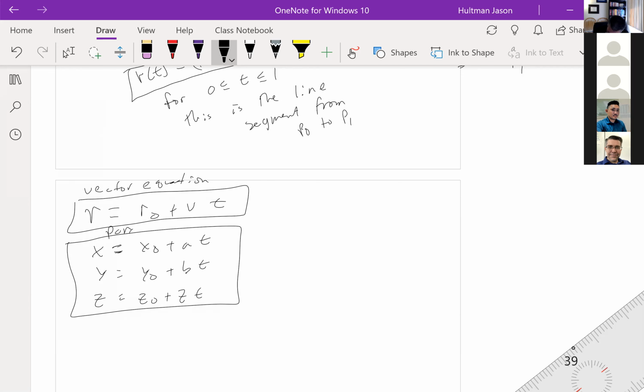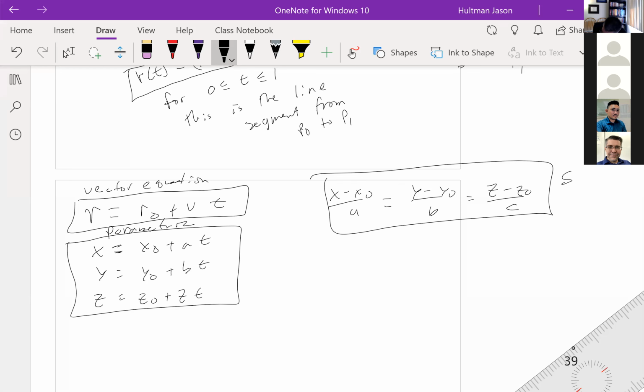This is parametric equations. And what was it? It was (x minus x naught) over a equals (y minus y naught) over b equals (z minus z naught) over c. These are the symmetric equations of a line. And then what was the equation of a line segment?